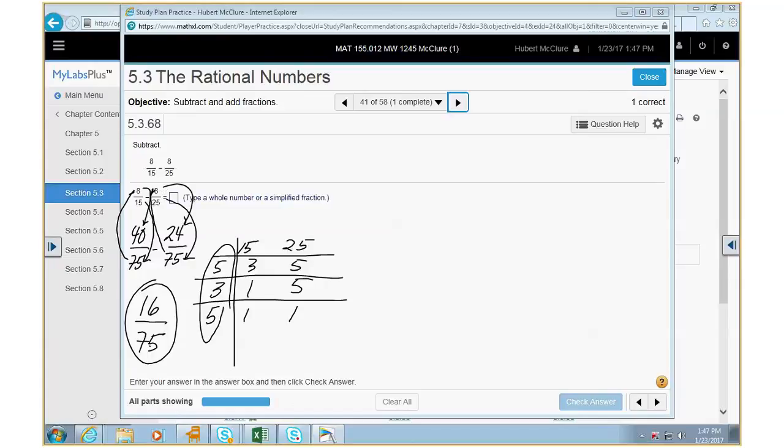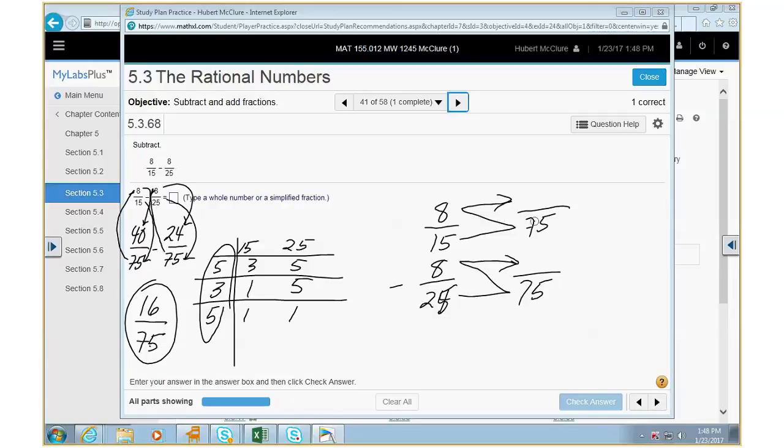Now a lot of people do the big Z. They do this. 8 over 15 minus 8 over 25. And they get a common denominator, 75 here and 75 here, and they just go like that. And they get 40, and then 24, subtract, 16.